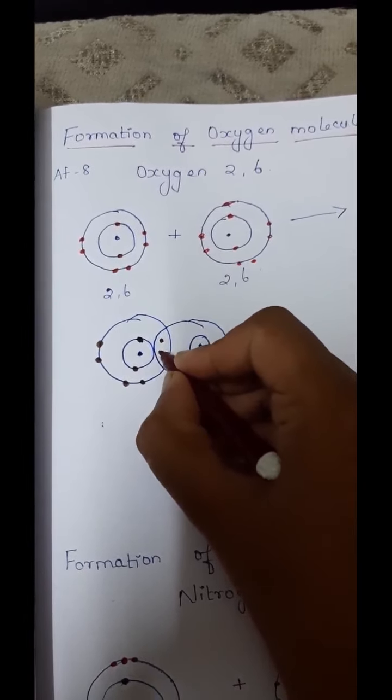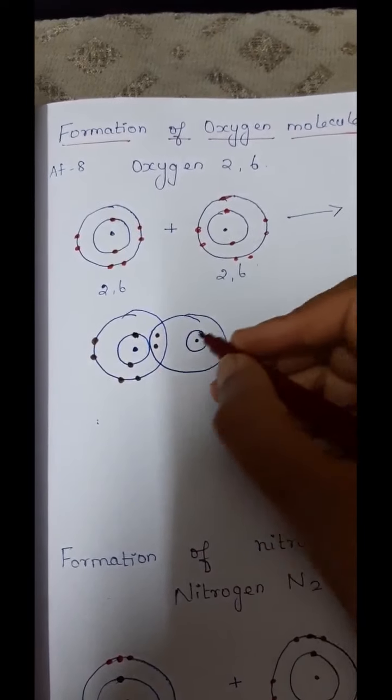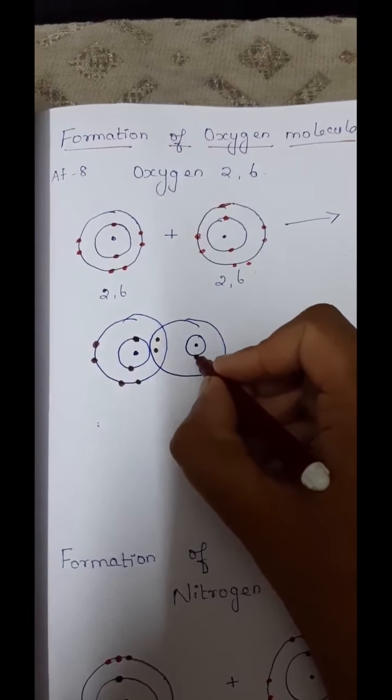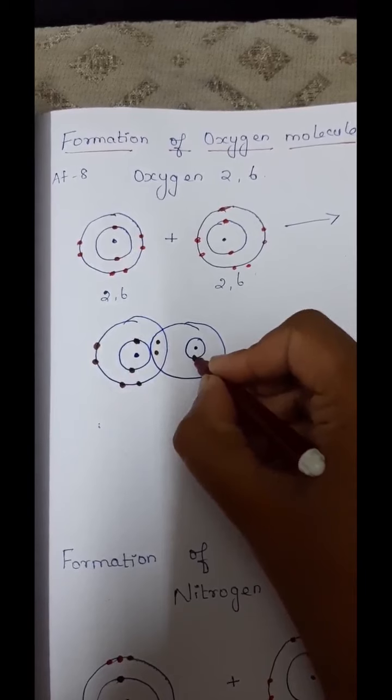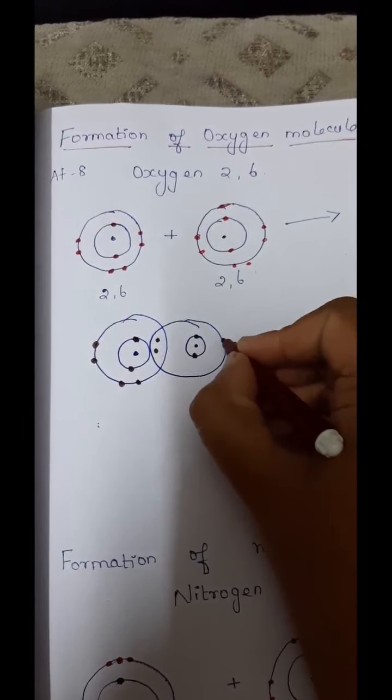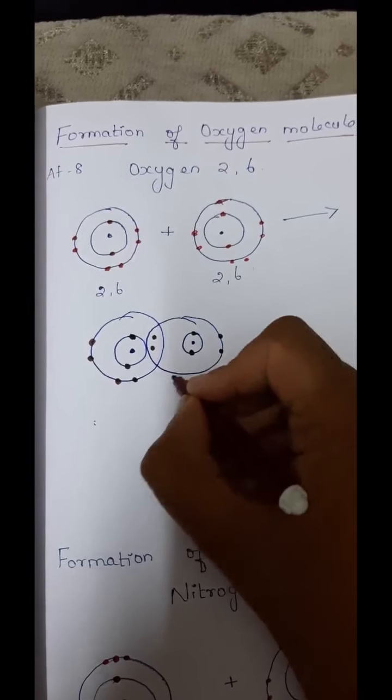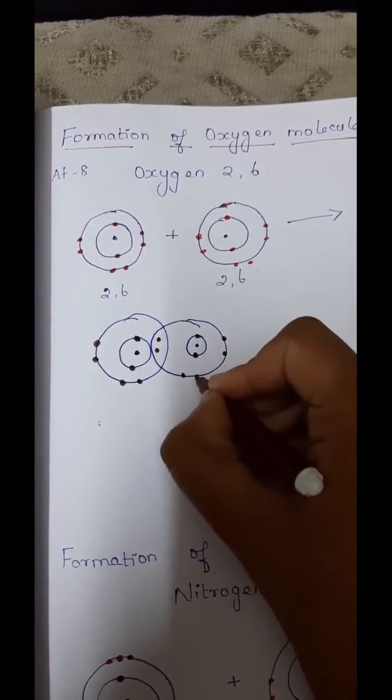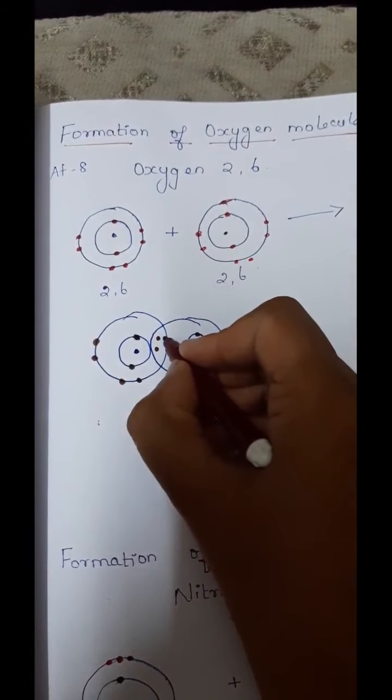Is it clear? Now, for this one, the first shell will be having 1 electron, 2 electrons. The next shell will be having 6 electrons. 1, 2, 3, 4 and the 5, 6 will be over here.